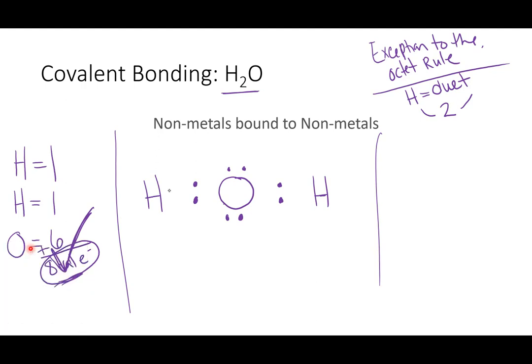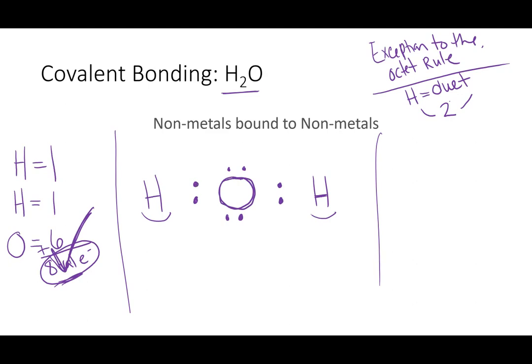So let's look first at hydrogen. Hydrogen is happy with a duet. So hydrogen has how many electrons? 1, 2. So that hydrogen is happy. This hydrogen over here, how many electrons is he touching? He's touching 1, 2. He's okay with a duet, so he's happy. And this oxygen in the middle is touching how many electrons?